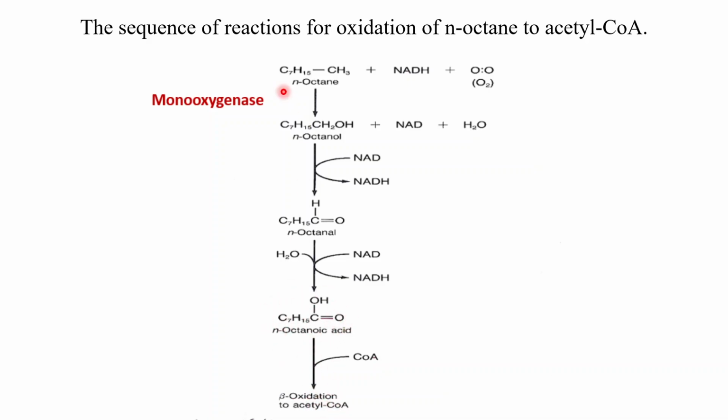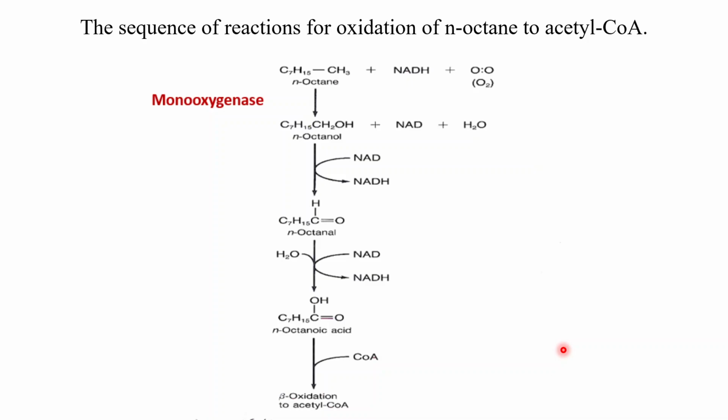All the alkane or alkene molecules that we take up are ultimately converted into a fatty acid, a carboxylic acid basically, which is then converted into acetyl coenzyme A. And from this acetyl coenzyme A, which cycle can it enter?